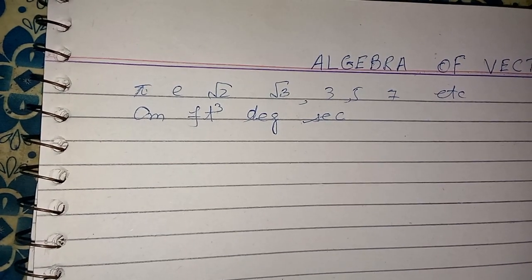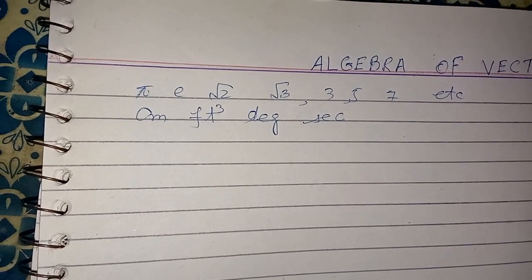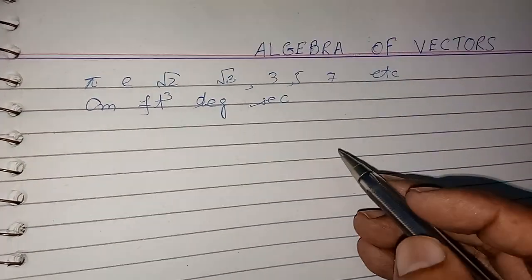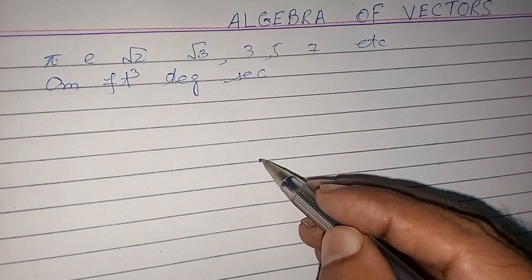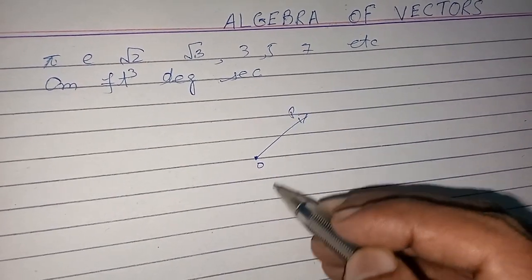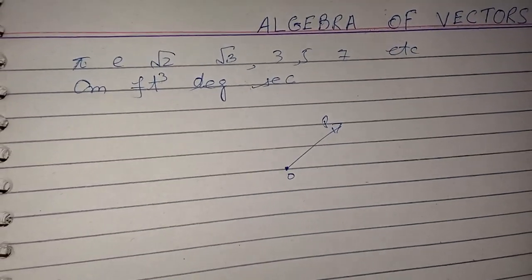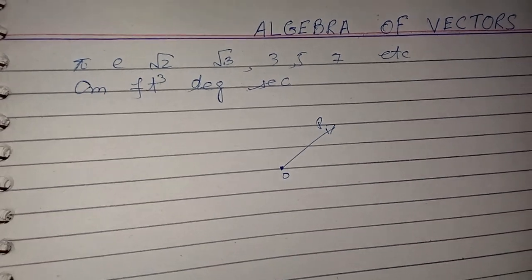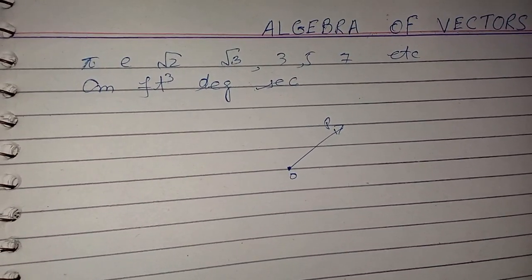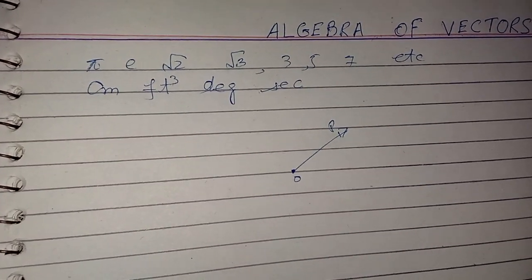Geometrical representation of a vector. Geometrically, a vector is represented by a directed line OP, whose direction is that of vector and whose length represents the magnitude of the vector.